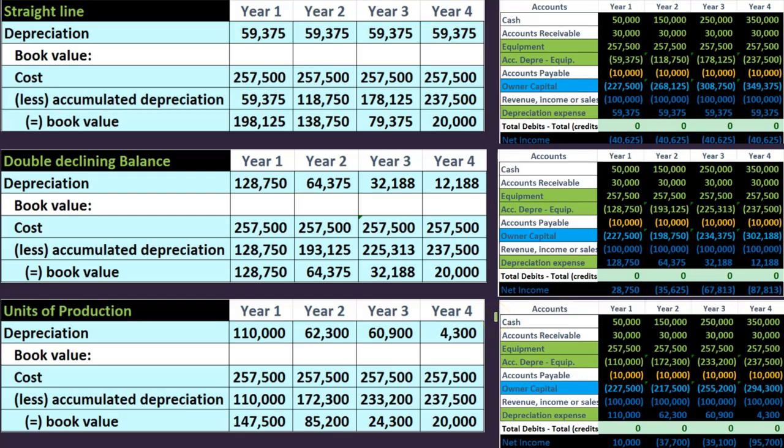In that case, instead of just depreciating over time, let's say how many units this thing is going to produce.